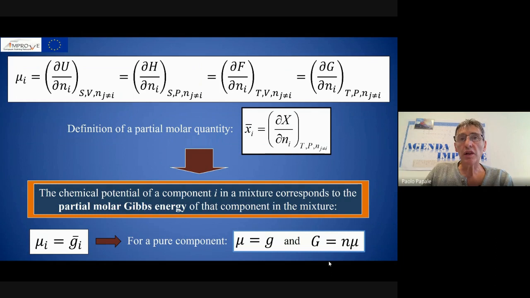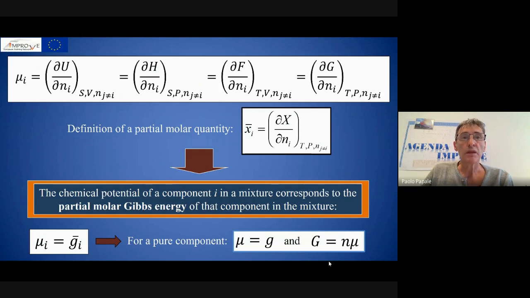Accordingly, the total Gibbs energy of a pure substance is simply the chemical potential times the number of moles of that substance.